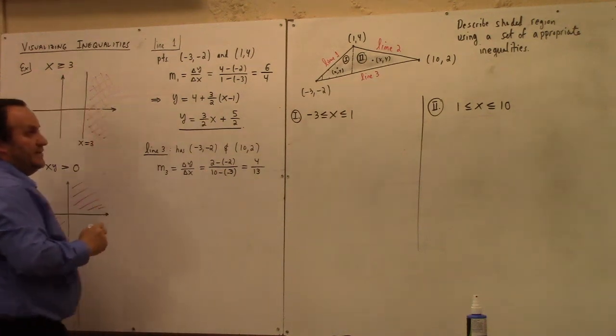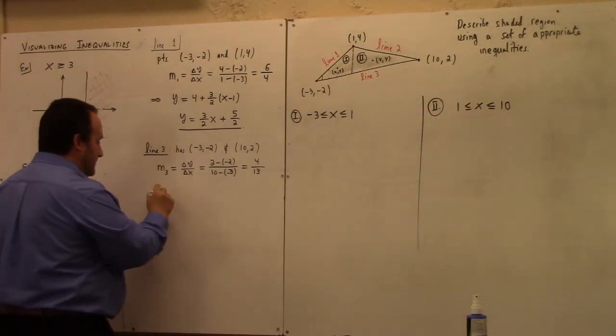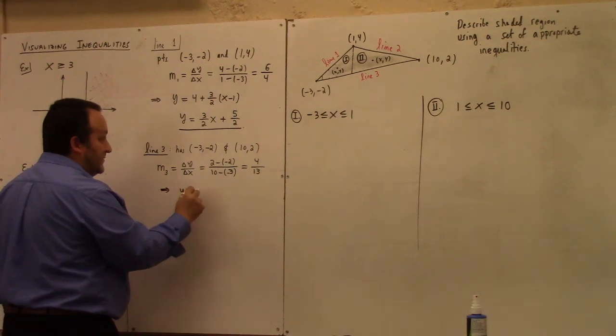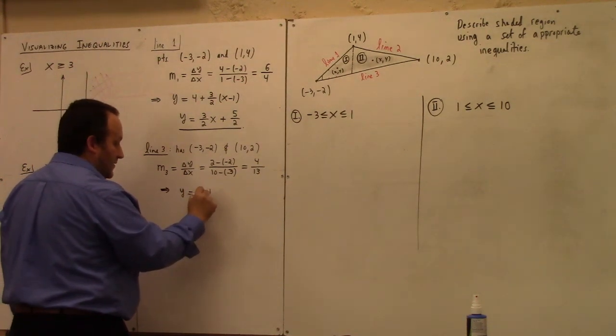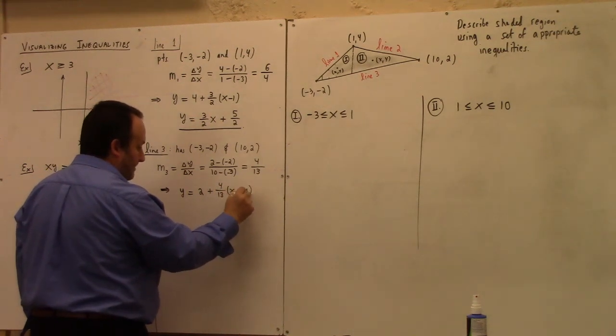The slope of the low line is pretty shallow, right? It's a low slope, 4/13. And using point slope, I have y is equal to, let's say here, 2 plus 4 over 13 times x minus 10.